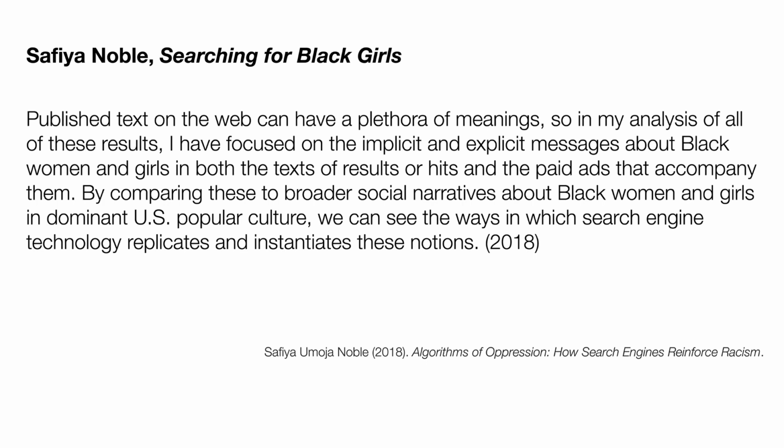Actual information about black children, really crucial information about health or education, were completely buried by these pornographic search results. Even a British rock band called Black Girls, which did not contain any black women in the membership of the band, were rated higher than actual information about anything related to black children, black girls.